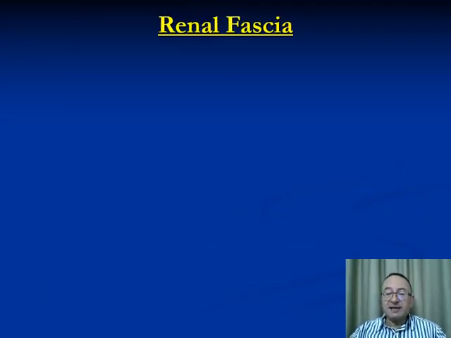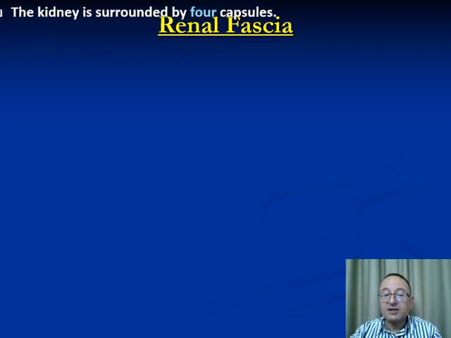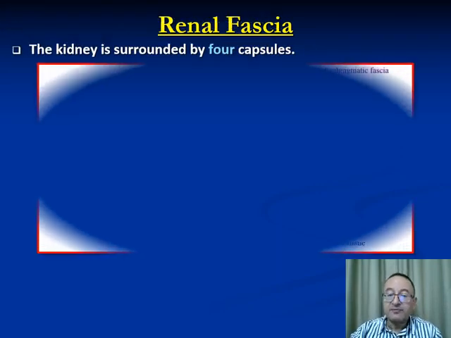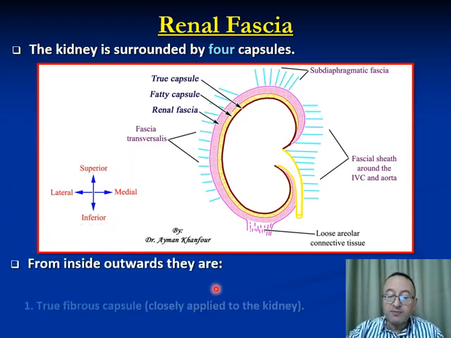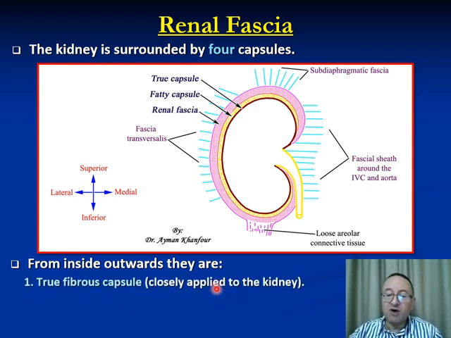What's meant by renal fascia or renal capsules? When we studied the thyroid gland, we said that it has a true capsule and a false capsule. Here the kidney is lucky. It has 4 capsules. What are those? Always, for any organ, the first capsule, which lies intimately close to it, is called true capsule, which is formed of condensation of white fibrous tissue of that organ.